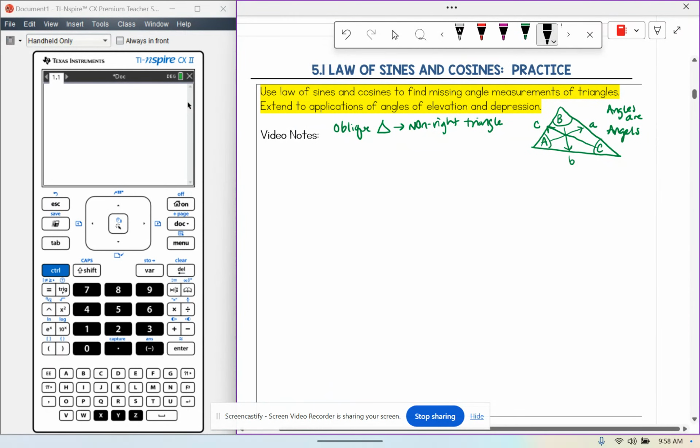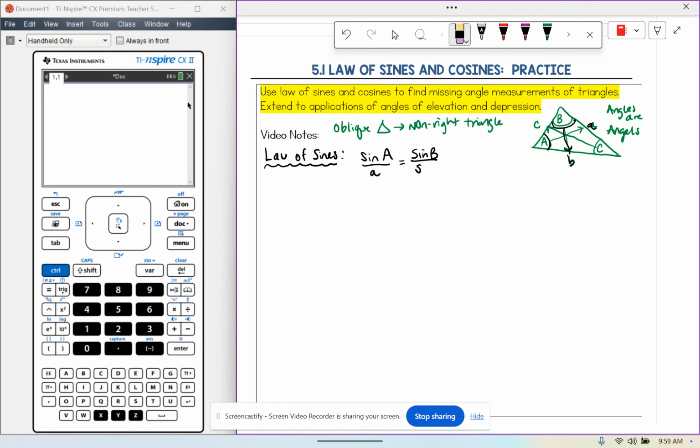So there are two different things that we can use to figure out unknown side lengths in oblique triangles. First, we have the law of sines. The law of sines states that the sine of capital A, so we're talking about angle A right here, over side length a is proportional to the sine of angle B over the side b.